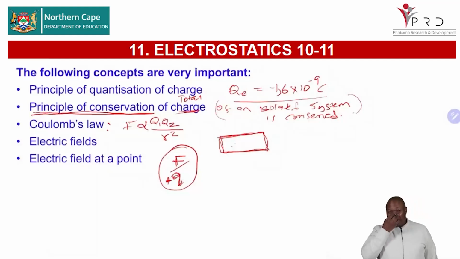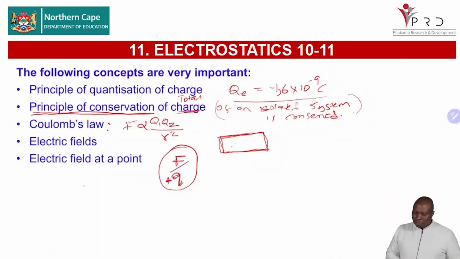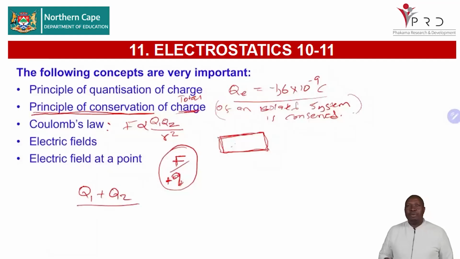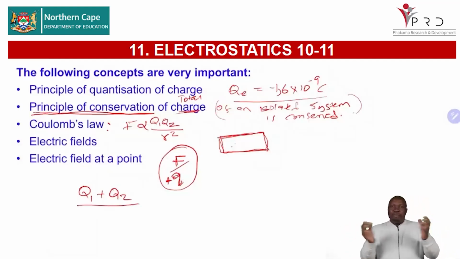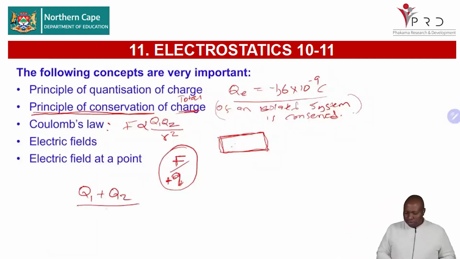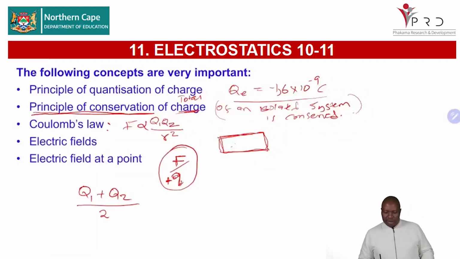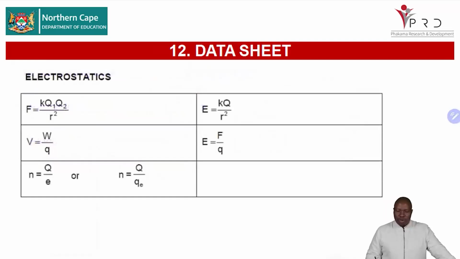And remember what we said: if two identical charges are brought together, you must be able to get a new charge by adding Q1 plus Q2 and dividing by 2. All this information is what we're going to utilize as we go to questions.